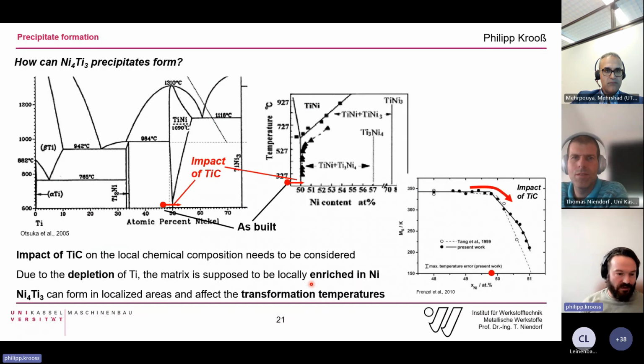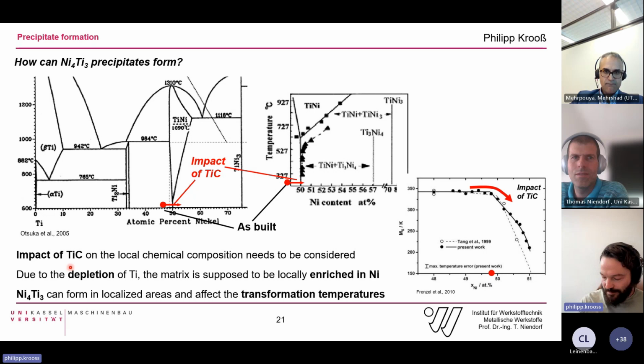It's an assumption, a suggestion, that the titanium carbides, because they are very finely dispersed in the matrix, lead to a very complex chemical composition. This means that the carbides, or the bonding of titanium in the carbides, leads to a depletion of titanium in the matrix, and this leads to an increase of nickel. Then we are again nickel rich in some local areas in the matrix, which allows for the precipitation of these Ni4Ti3 precipitates.